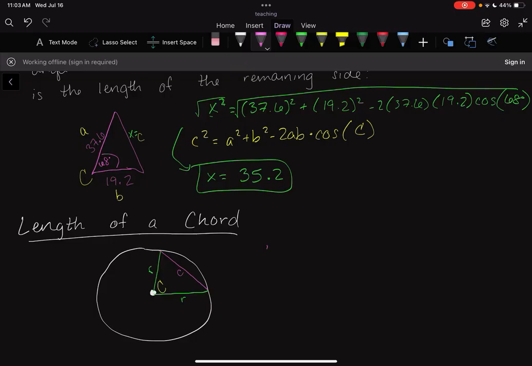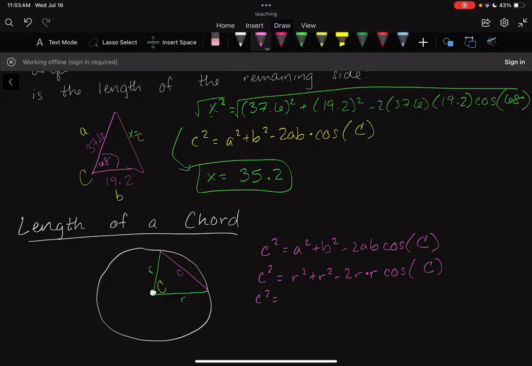So let's see. Law of cosines says c squared is equal to a squared plus b squared minus 2ab times cosine c. And so I'm keeping my c squared, but now my a and b, my other two sides, they're r in this case. So I'm going to change those out. And I'm going to keep simplifying this.